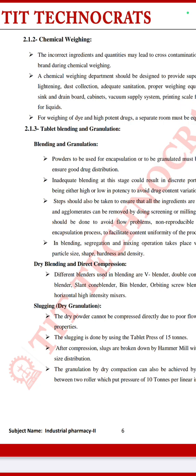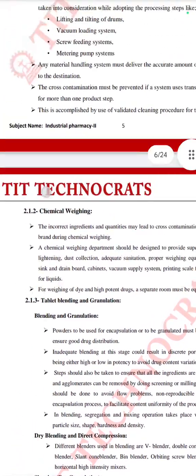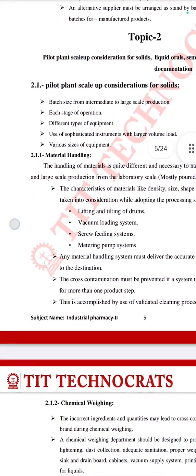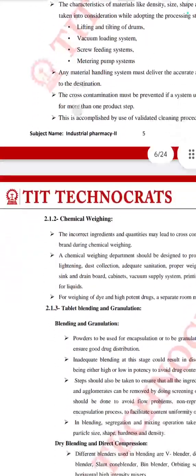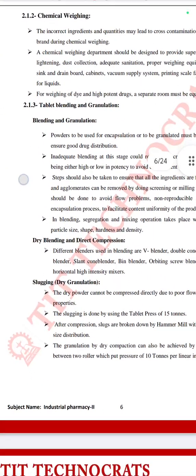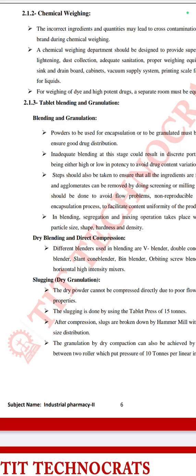Now we will talk about tablet blending and granulation. As we all know, tablet is a solid dosage form, and we are talking about the pilot plant scale up consideration for solids. So what is the process in tablet manufacturing?